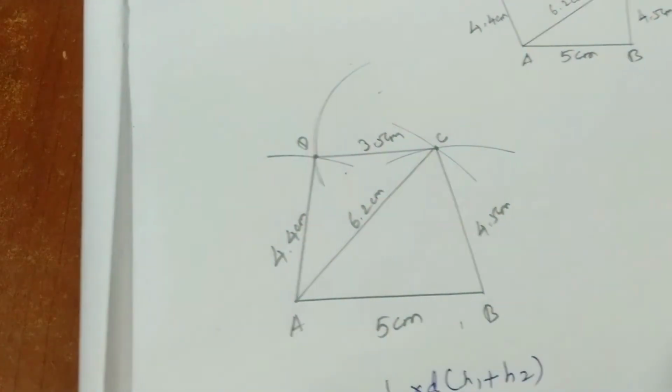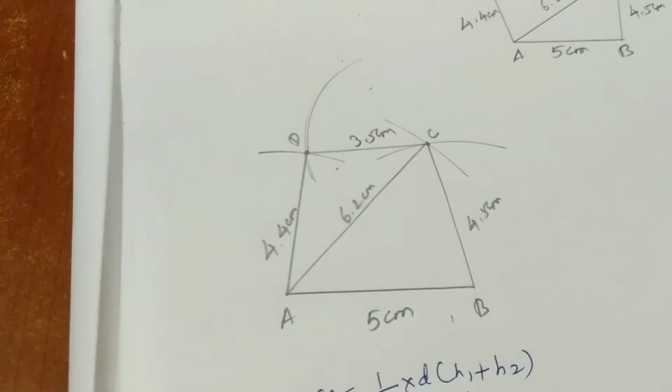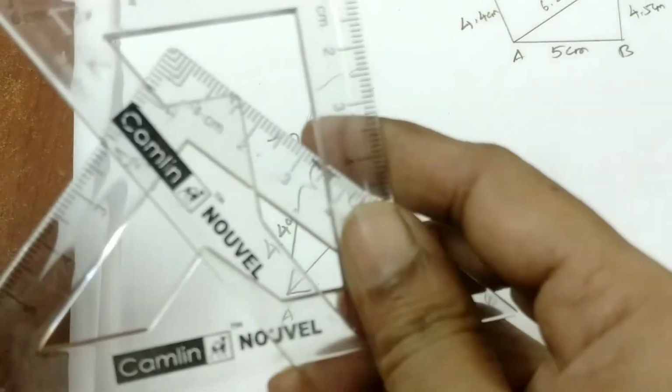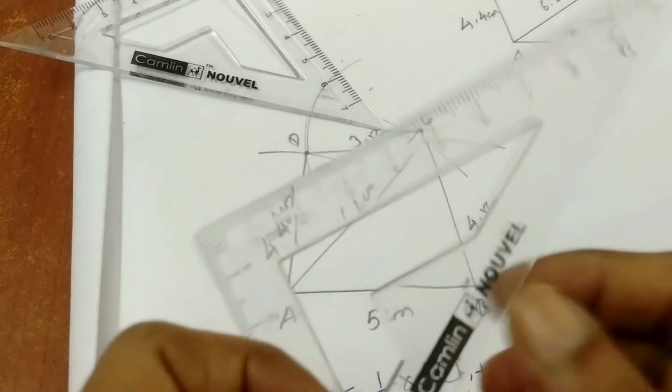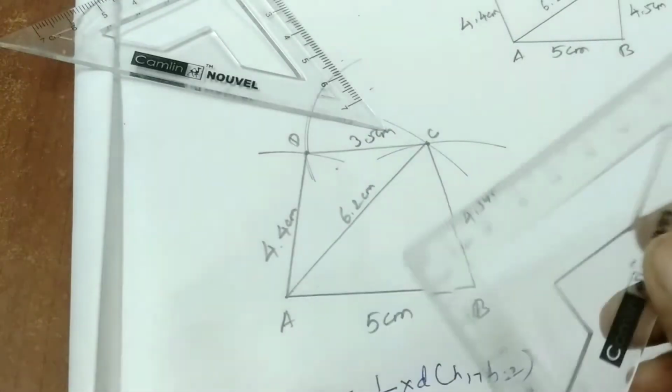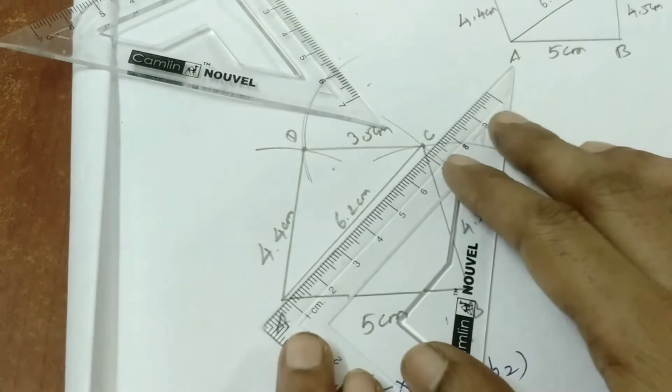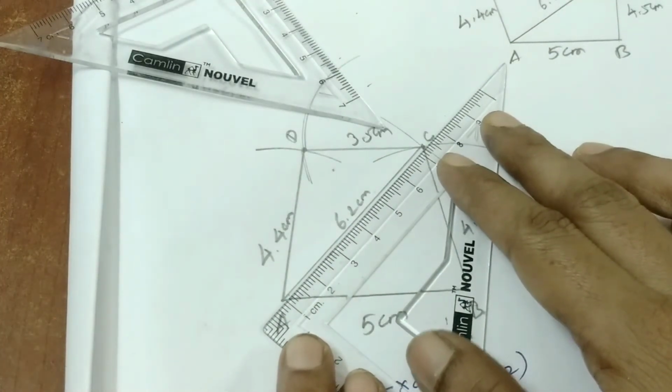We have one procedure to find out the height, so listen carefully. You have to take two set squares. In our geometry box we have two set squares. Keep this set square like this along the diagonal.